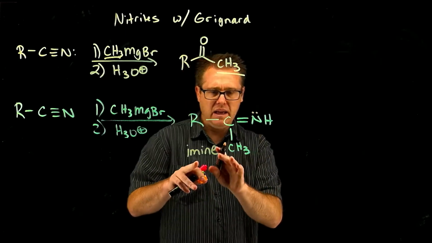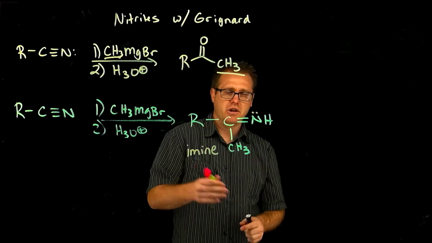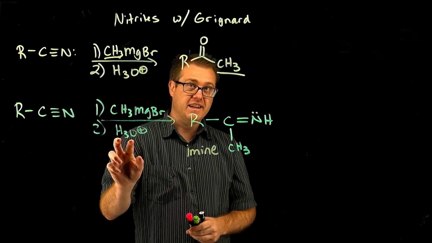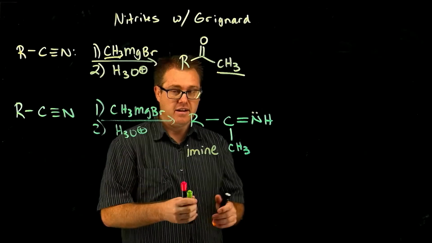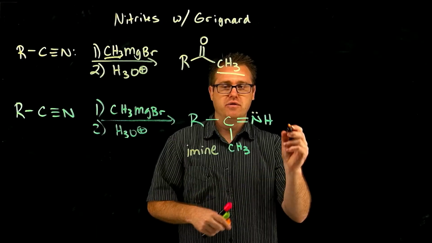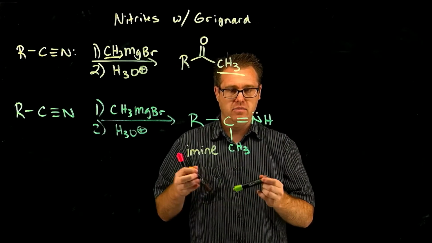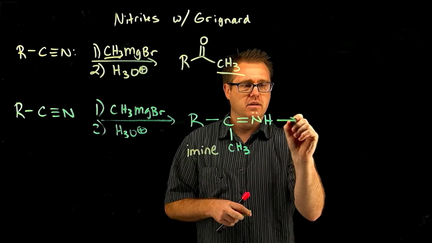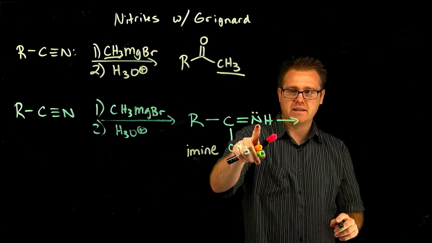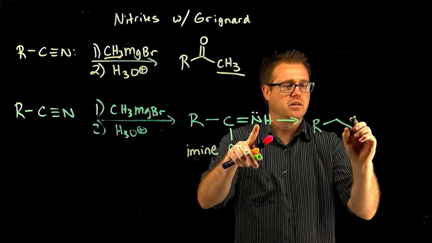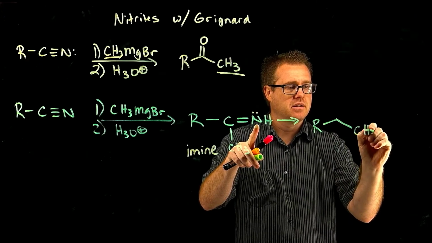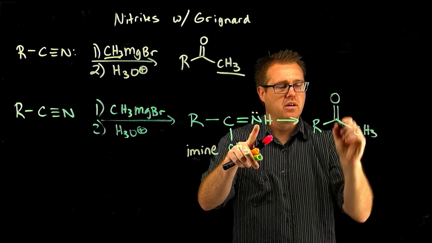Now this amine, when it's under acidic conditions, we have learned that it's going to react with the acid to form the ketone. So we're going to hydrolyze the amine here to give us the ketone.